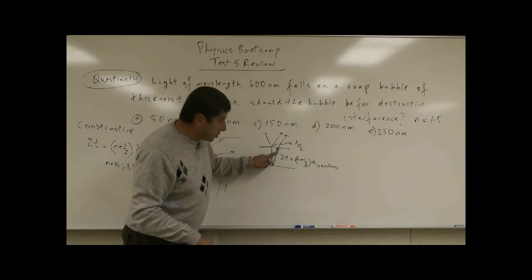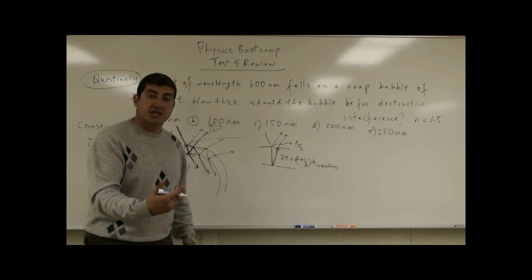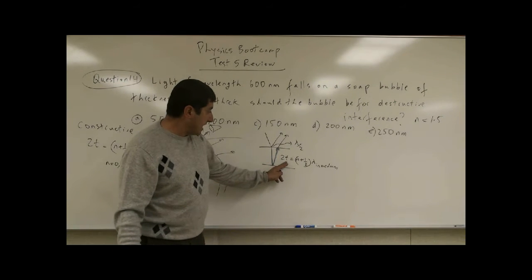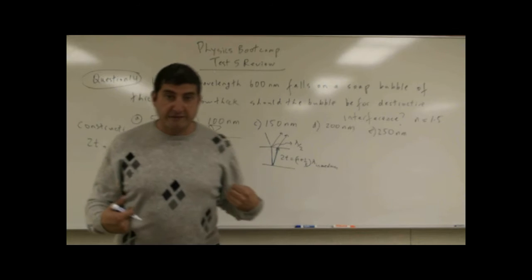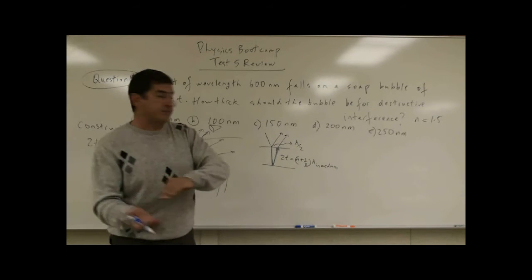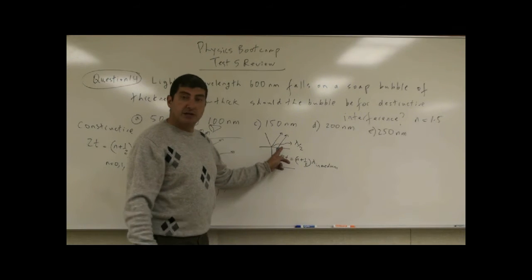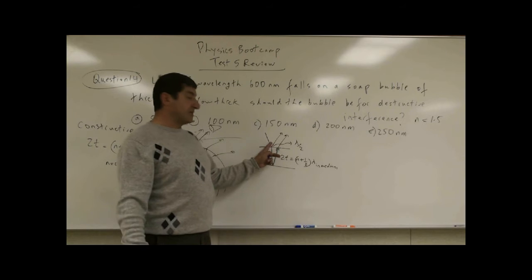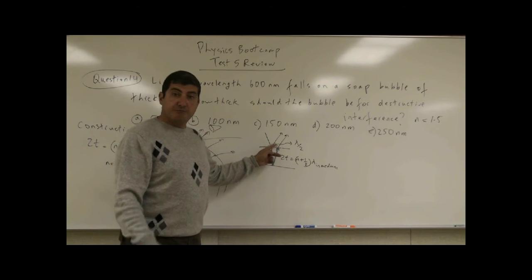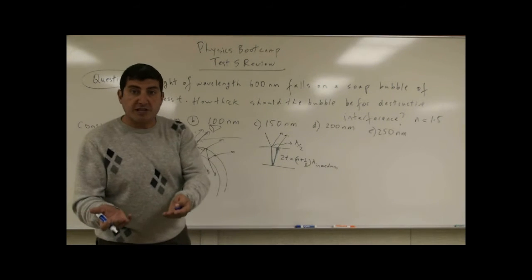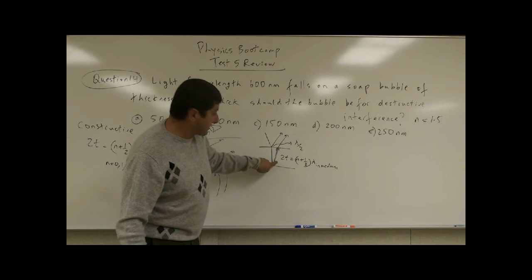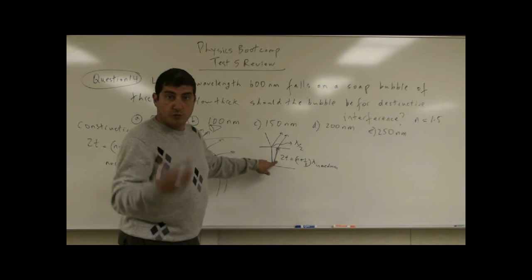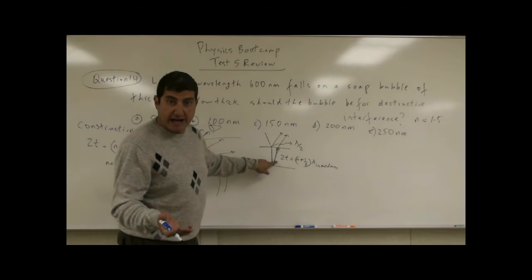So if the blue one travels an extra path of an integer multiple of its own wavelength, then it will come back to the top out of phase from the original one by a complete wavelength, because this one is already out of phase by half a wavelength.